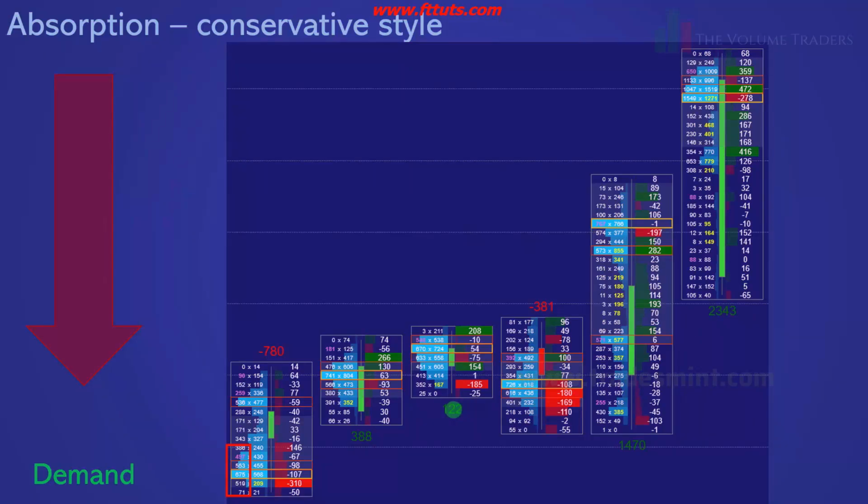As I mentioned on the previous slide, I usually use this strategy with a fixed 2R. So here it was very easily possible. If this range is 2 points, the stop loss is set to 4 points, and here 2, 4, 6, 8 points was possible in this setup.